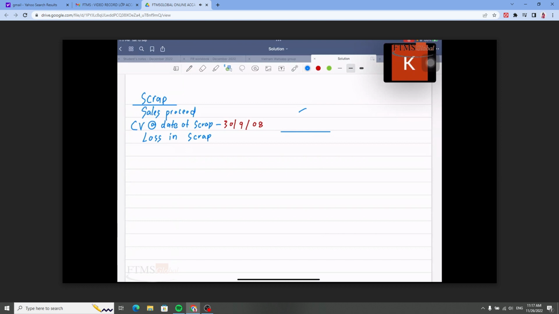Okay, so of course the problem is the carrying value, right? Carrying value. Okay, so again, the date of scrap, 30th September 08 is in the middle of accounting period. Okay, so if you remember what I say just now, I say if things happen in the middle of accounting period, then you need to calculate the opening balance, right? You need to calculate the opening balance.